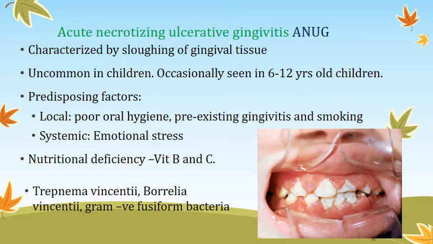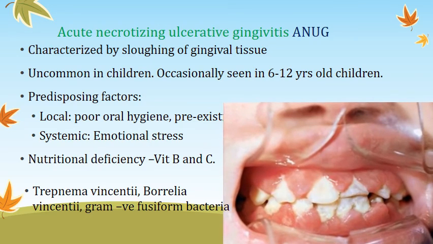Systemically, the child is in some sort of emotional stress, maybe a survivor of child abuse or child neglect, might be having some sort of vitamin B or C deficiency. The main organisms behind are Treponema vincentii and Borrelia vincentii, gram-negative fusiform bacteria.